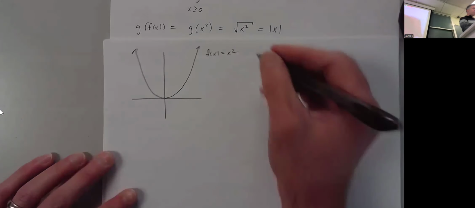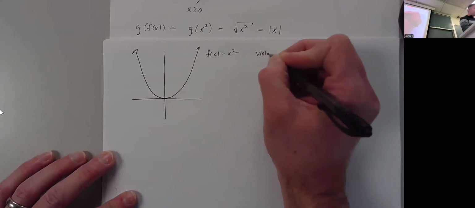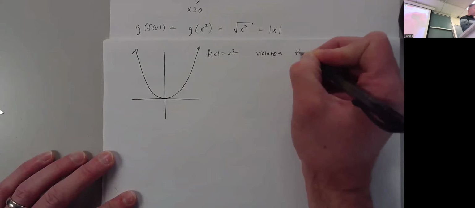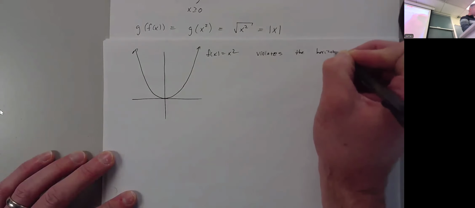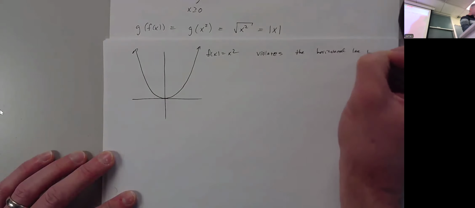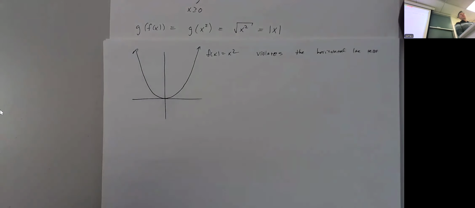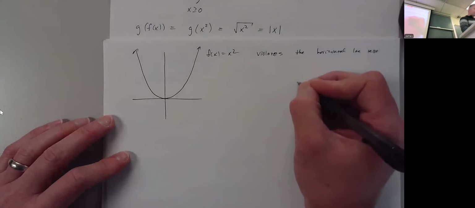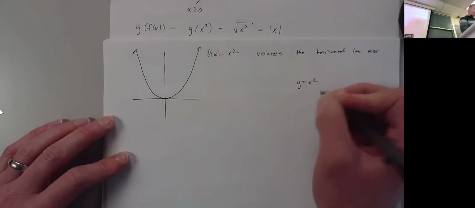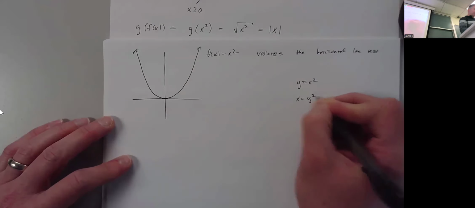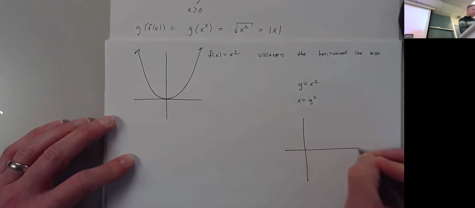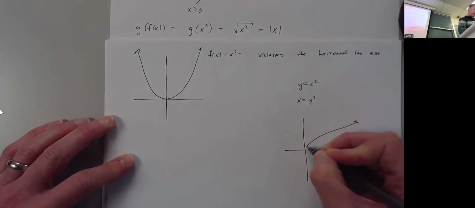So f of x equal to x squared, you can either say it violates the horizontal line test, which means that its inverse wouldn't be a function, because if we just took y equal to x squared and then switched x and y, x equal to y squared violates what?